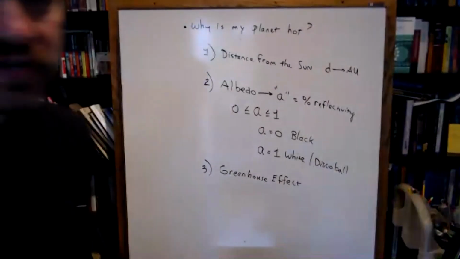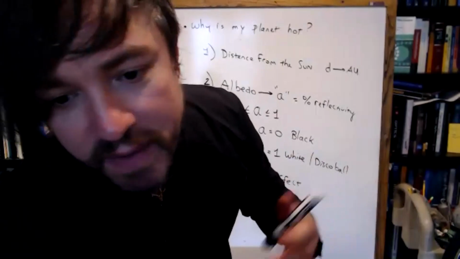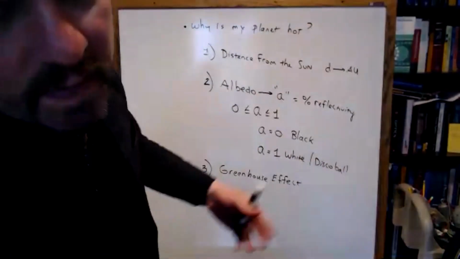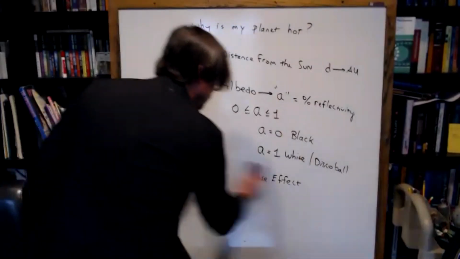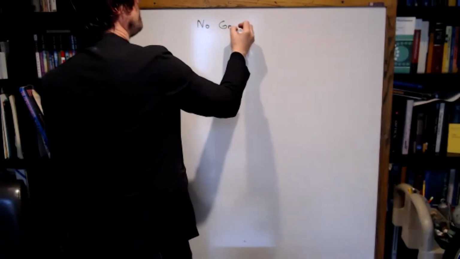Okay, there's a formula that allows us to compute the temperature of a planet, and it's based on basically using the inverse square law and the Stefan-Boltzmann law together, but I'll spare you the details and get to the point. There's an important formula in planetary science known as the no greenhouse temperature.